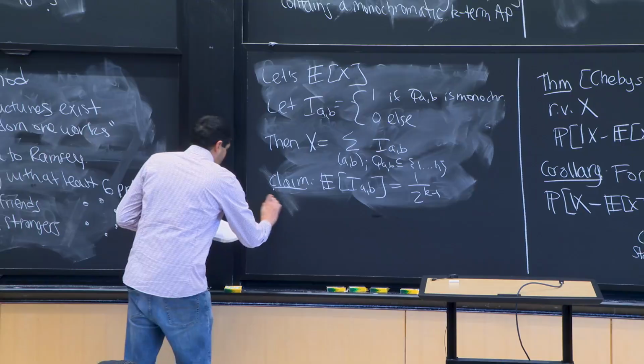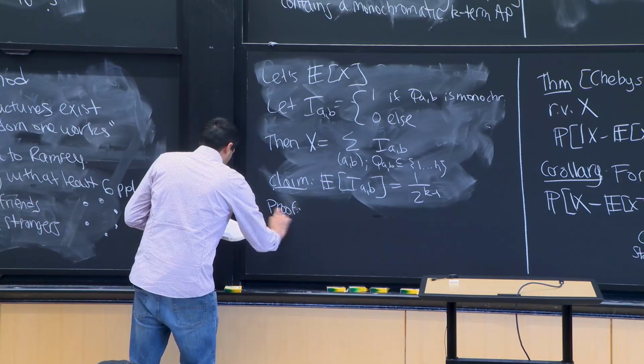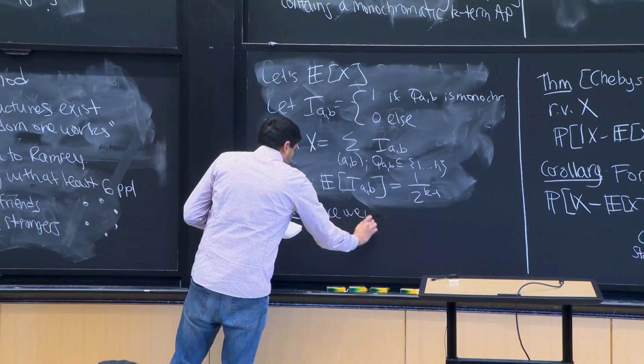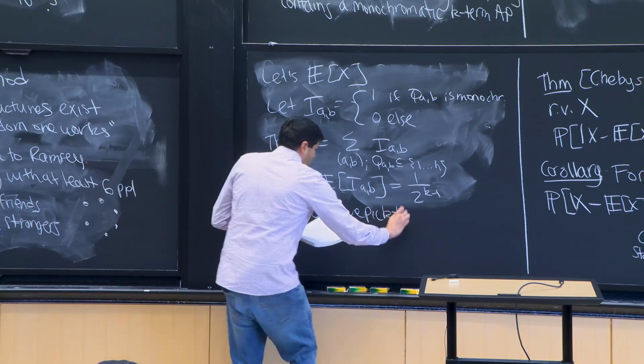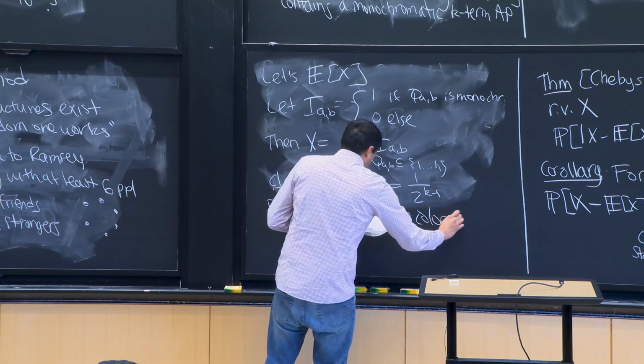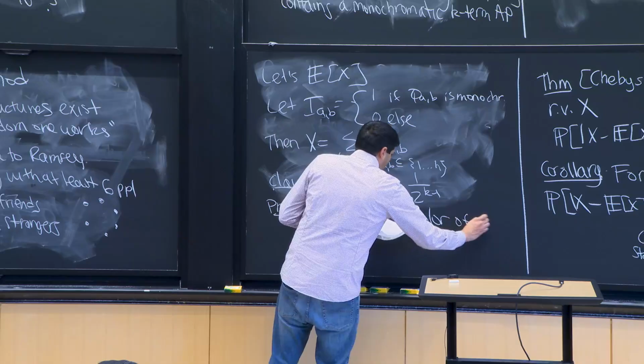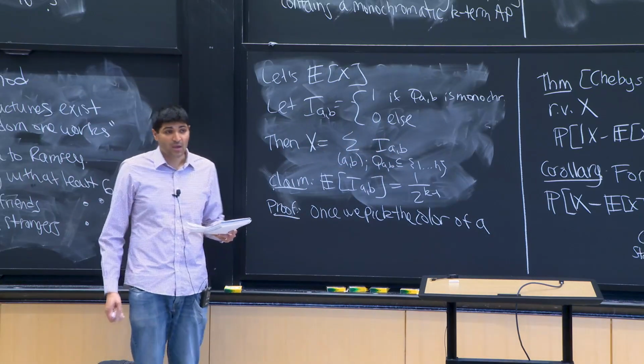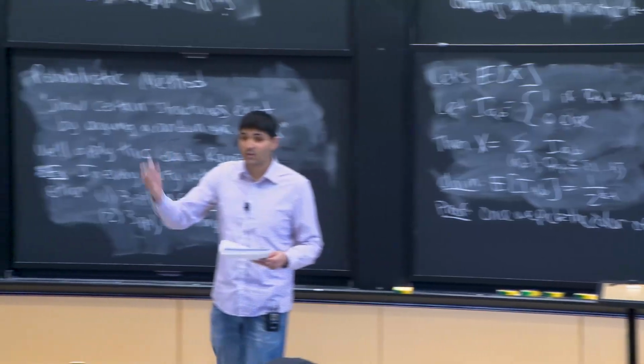So the proof of this is exactly what he said, which is that once we pick the first color, I'm just rephrasing your proof slightly. So we just pick the first color, namely the color of A, the first term that shows up in our arithmetic progression. The only choice, let's say A was red.